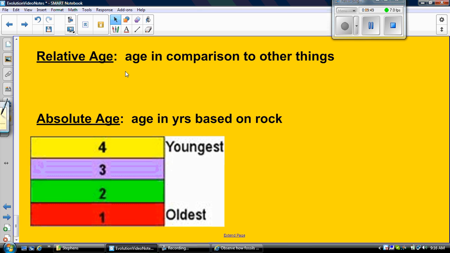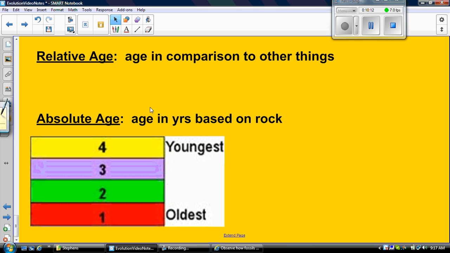Okay. The way we look at fossils, we can look at the relative age and absolute age. Relative age is age in comparison to other things. So, for example, if I find a fossil of a trilobite in this layer, in layer 2, then that means the rock in layer 2 was formed during the Paleozoic era, because that's where the trilobites were around. That's relative age.